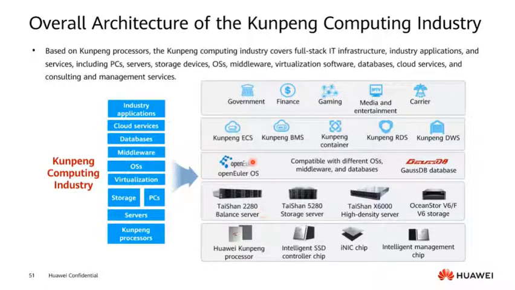Moreover, the Kunpeng ecosystem can be deployed on the openEuler operating system designed by Huawei, as well as on other operating systems like Ubuntu or CentOS, and it supports different middleware and databases, including GaussDB, which is also designed by Huawei. And thanks to all the hardware and software in the infrastructure, the Kunpeng ecosystem provides cloud services such as ECS, BMS, RDS, and DWS to support the upper layer applications in different industries.